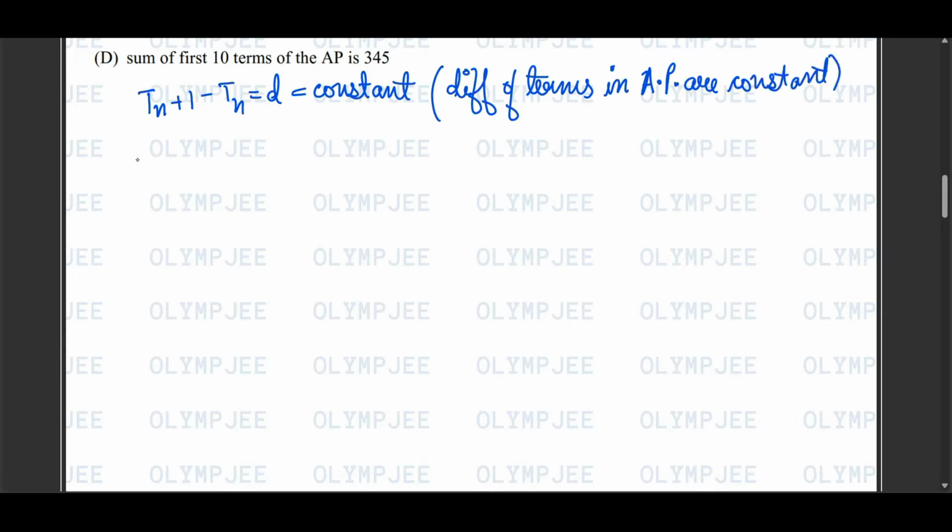So let us assume Tn is a general polynomial and it is given as a sum of terms.